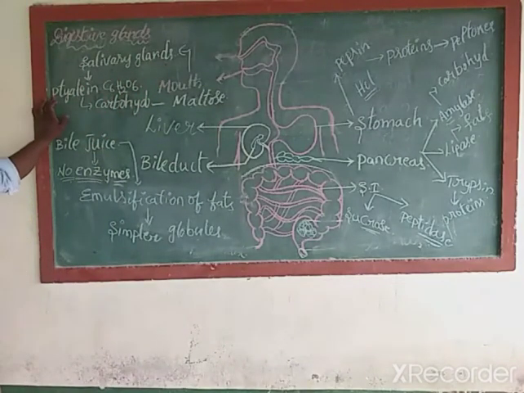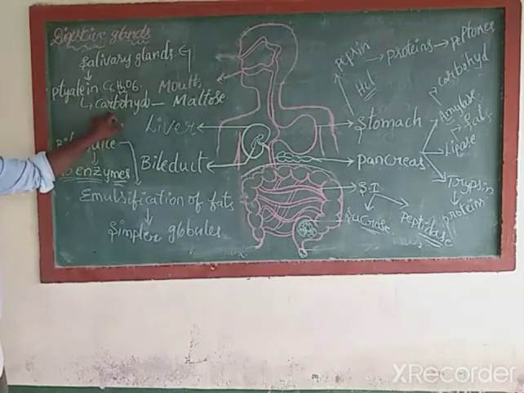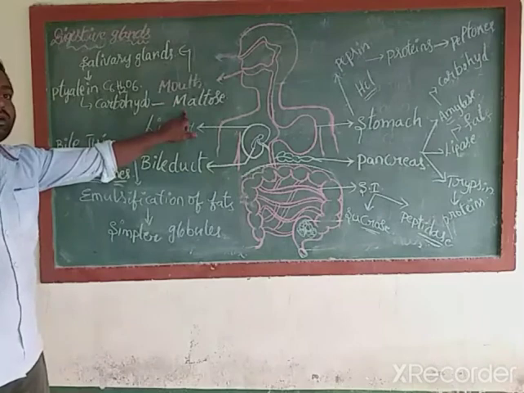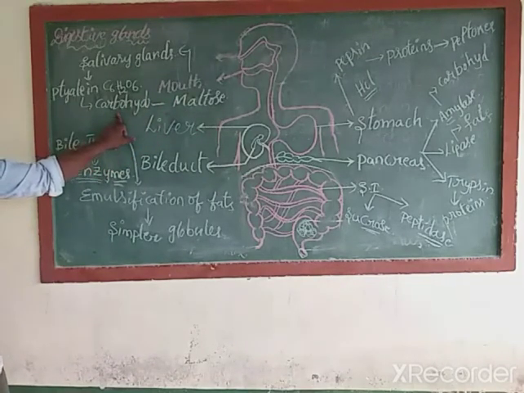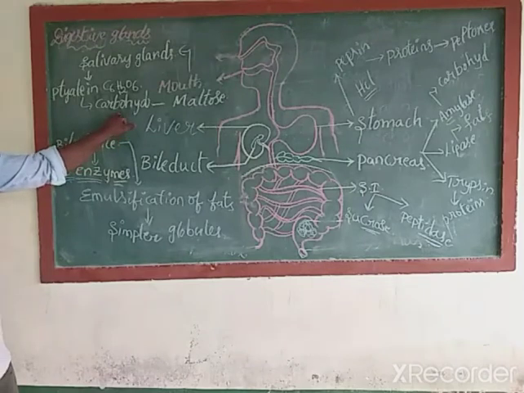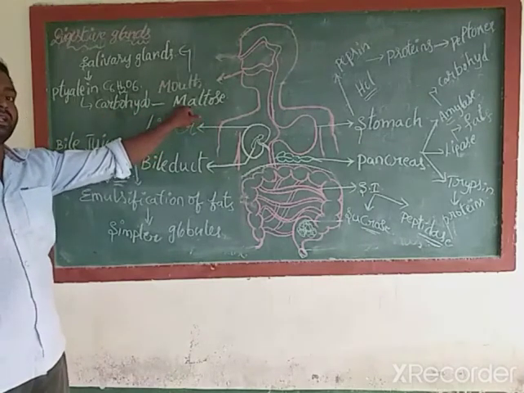Saliva contains a special enzyme called salivary amylase or ptyalin. This salivary amylase is useful for digestion of carbohydrates. Carbohydrates are converted into maltose. Carbohydrates are complex forms of food materials, and maltose is the simplest form.